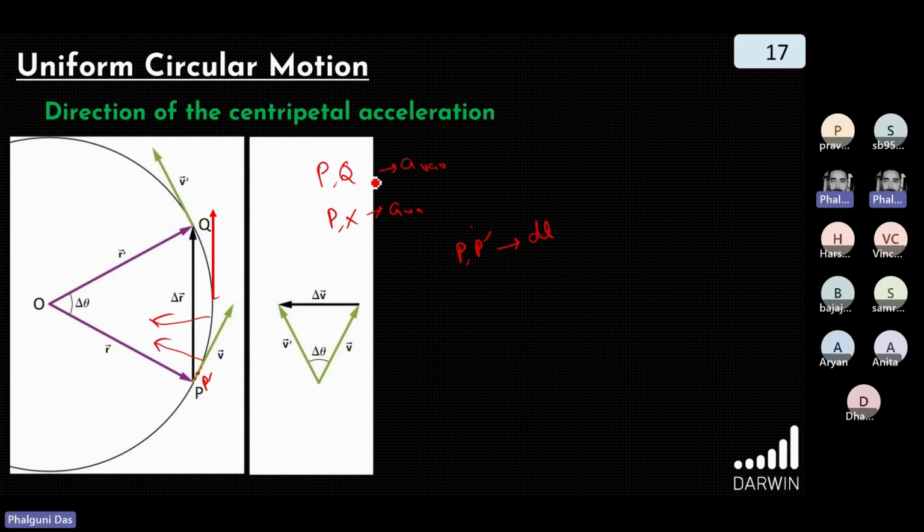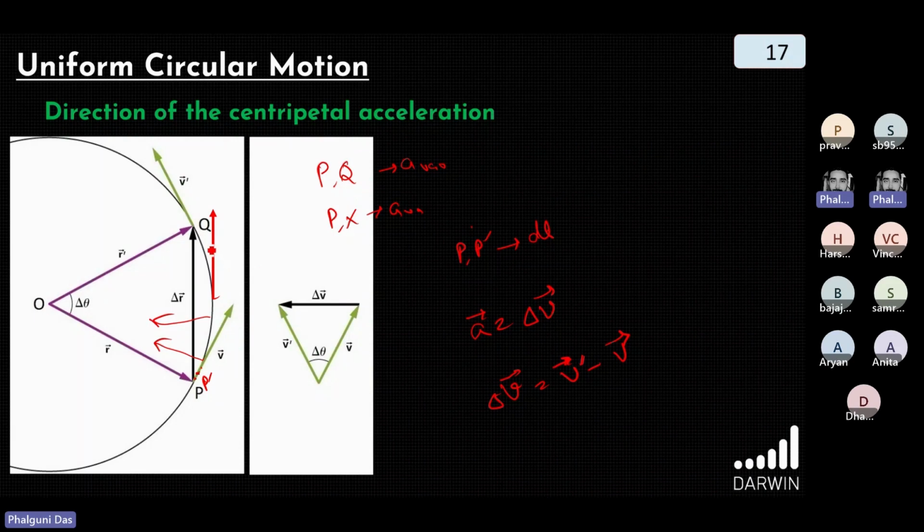It's just that we're using the fact that acceleration has the same direction as delta v, the change in velocity. Now, change in velocity is simply the final velocity, that is v prime, minus the initial velocity. Always remember, change means final minus initial, not the other way around. And we'll use the triangular method, or any vector addition or vector subtraction.